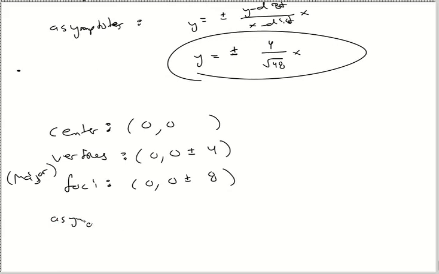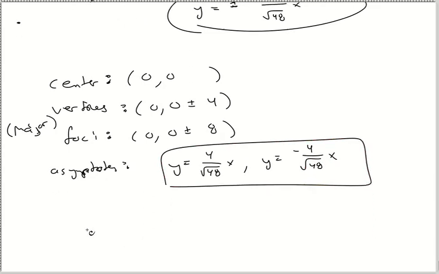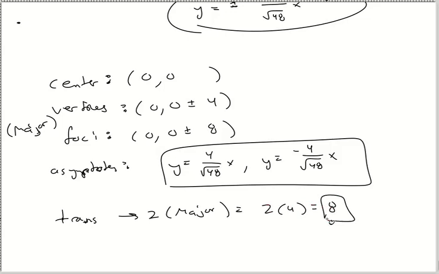And then my asymptotes, as you know, you have to write them out lengthwise. So that would be 4 over the square root of 48 x, then a negative 4 over the square root of 48 x. They also ask for that transverse axis. Again, that's 2 times your major. Major is a 4. 2 times 4 happens to be an 8 in this case.